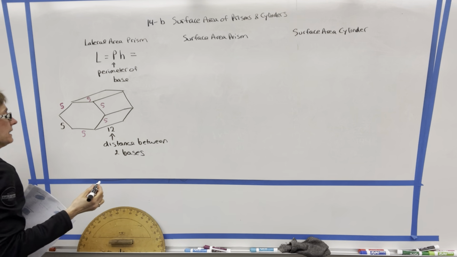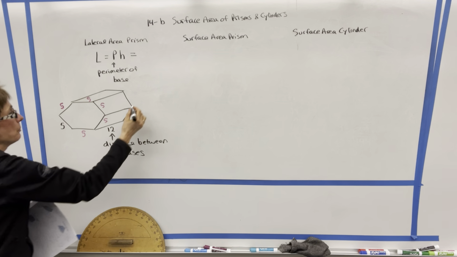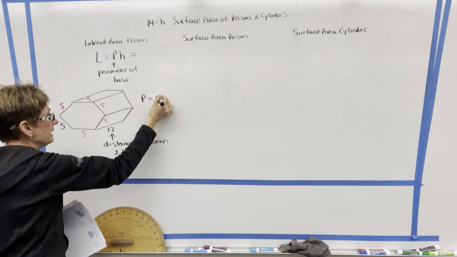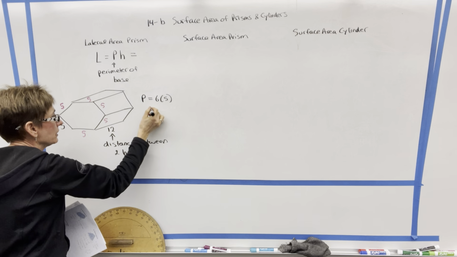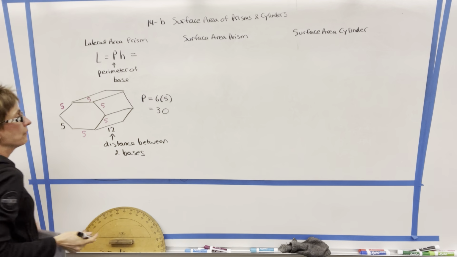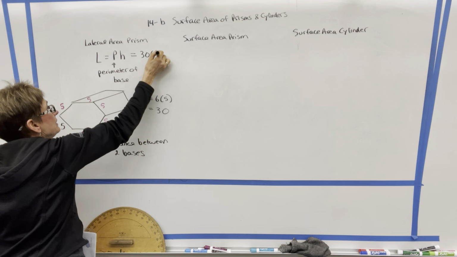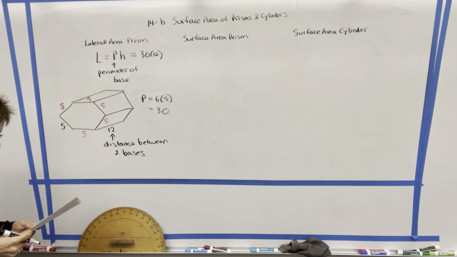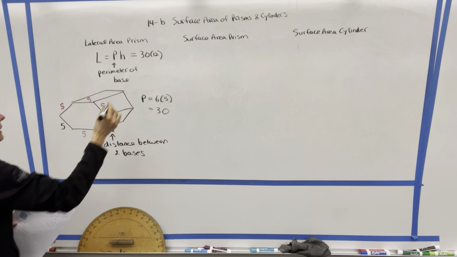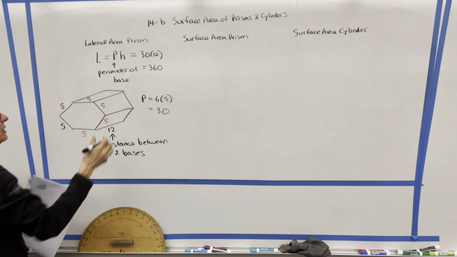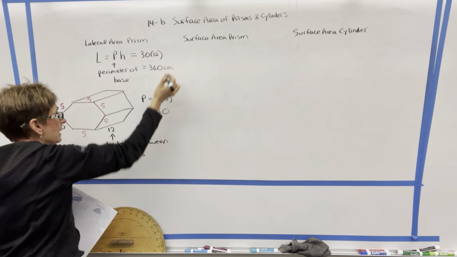So we're going to need capital P, which is perimeter. In this case, there's going to be 6 sides that are 5 units long. So our perimeter is going to be 30. So we're going to take 30 times 12, and we're going to get 360. And I think in the problem that I normally do with this is in centimeters.